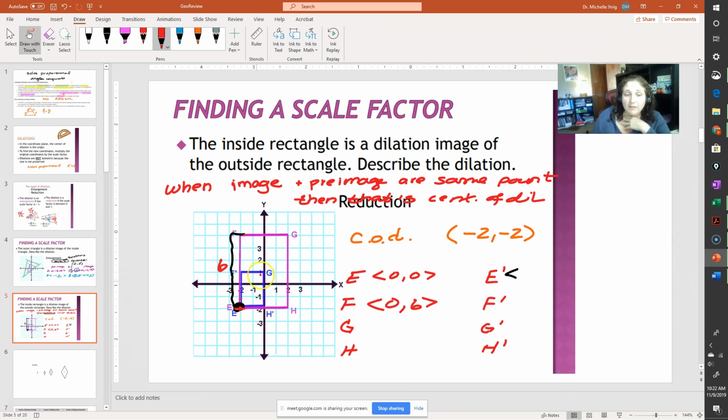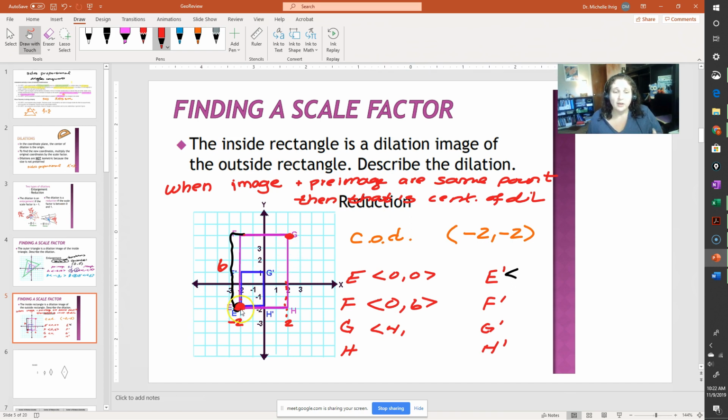Next, here I've got G and G prime. Well, how do I get from E to G? E is at -2. G, the x value, is at +2. So I know to get from -2 to +2, I'm going to add 4. Now I have to think about what's my y difference to get from my center up to here.